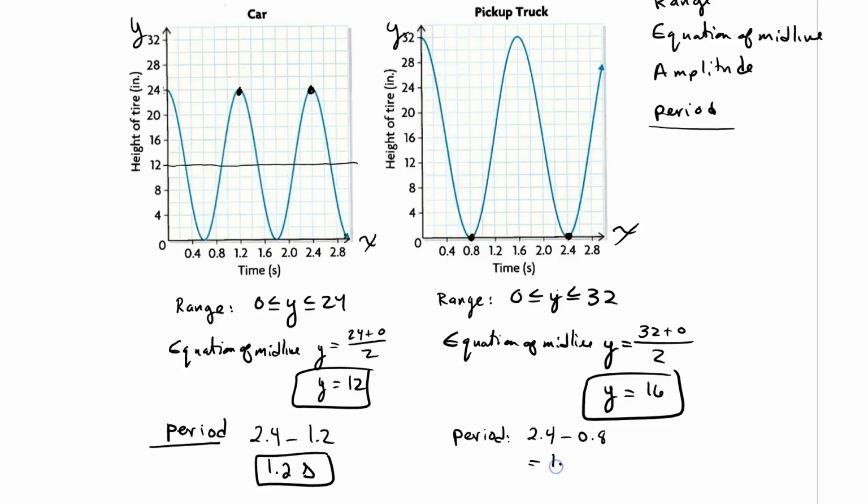So that is going to be 1.6 seconds. So it takes 1.6 seconds for the tire to rotate once, for that chalk marking to be at the bottom of the tire, for it to roll forward, and to have it back down on the ground.